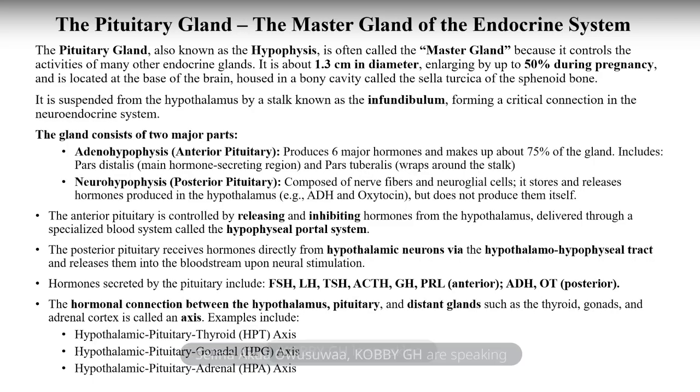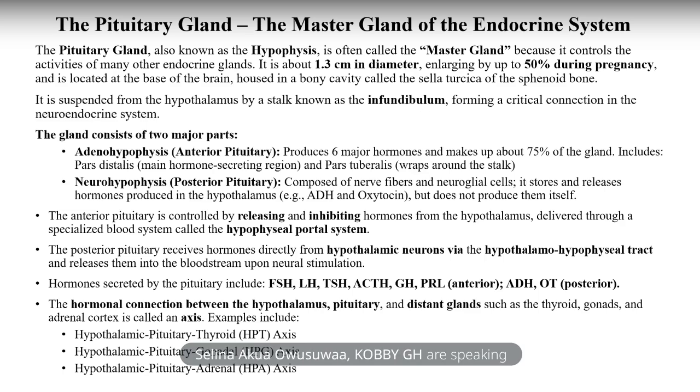Is that okay? So all that we are saying is pituitary gland or hypophysis, because it is below the hypothalamus.